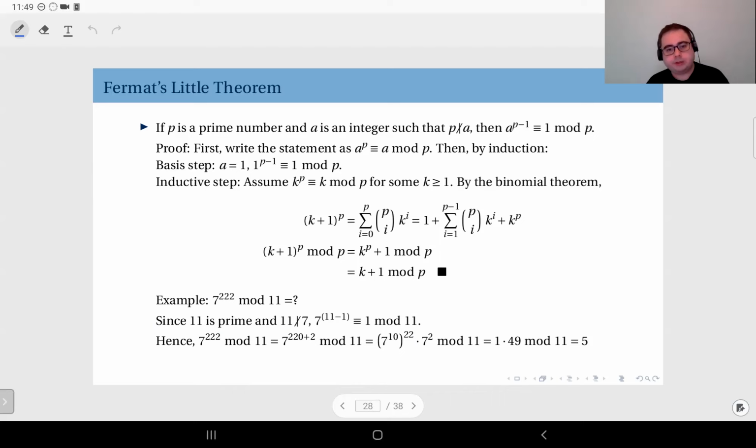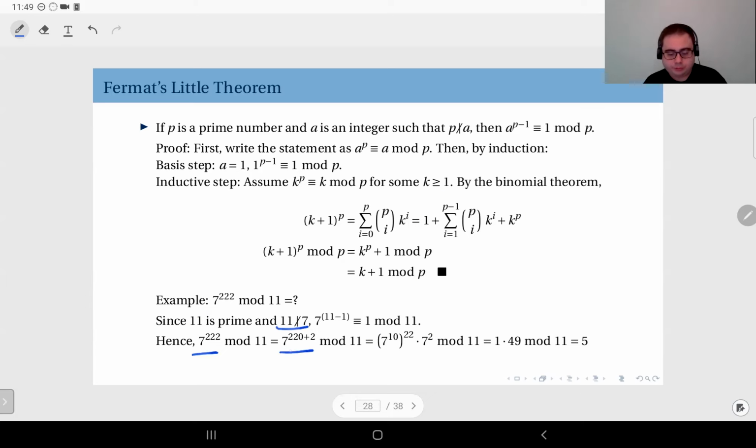First of all, we recognize that the modulus value 11 is prime. Therefore, Fermat's little theorem is applicable here. Another issue is that 11 is not a factor of 7. Therefore, we can write that 7 to the power 11 minus 1 is congruent to 1 modulo 11. And therefore, I can write 7 to the power 222 as 7 to the power 220 plus 2.